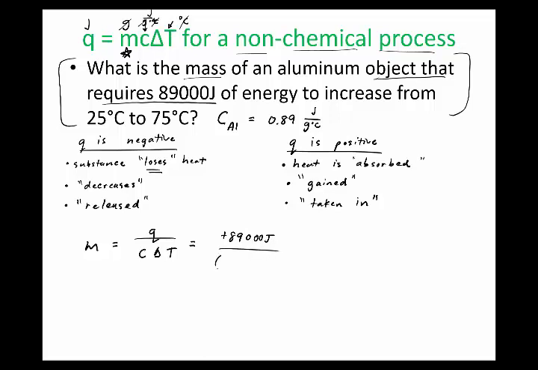Divided by 0.89 joules per gram per Celsius times delta T. The energy increases from 25 to 75, so T final is 75 and T initial is 25.